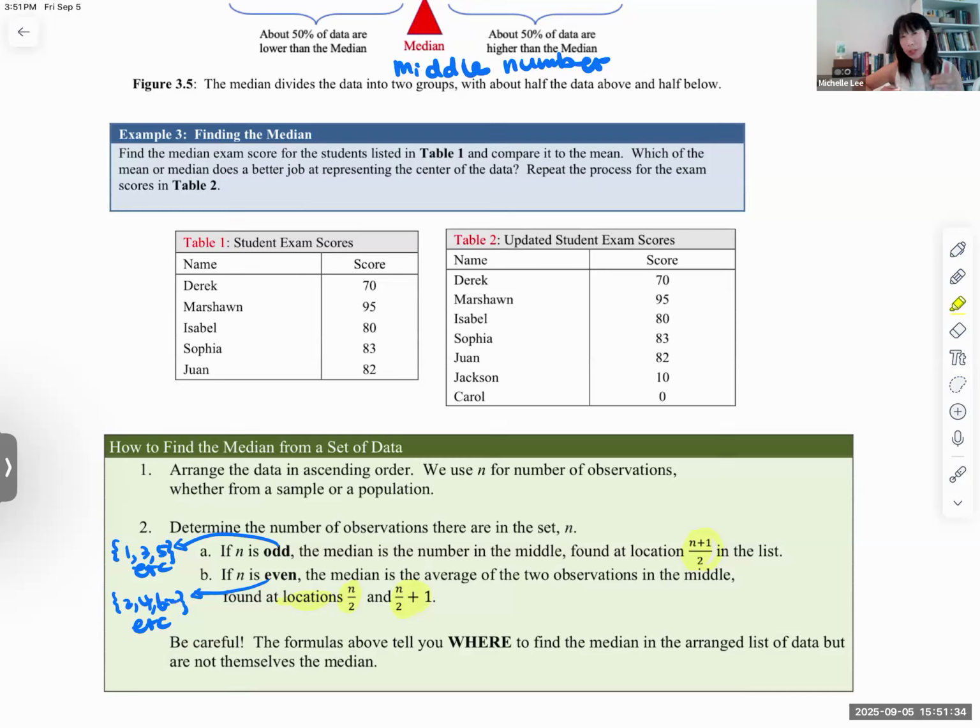Can you see the difference between n plus 1 over 2 and n over 2 plus 1? Because here we calculate n plus 1 first and then divide by 2 later. Here, we do n over 2 first, then add 1 later, by order of operations. Make sense?